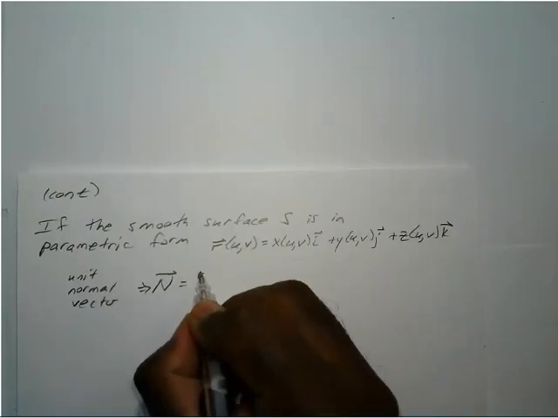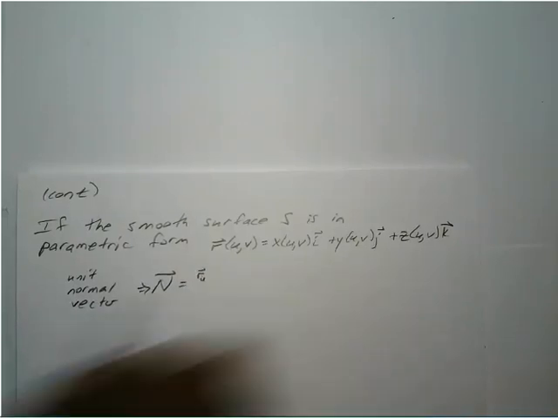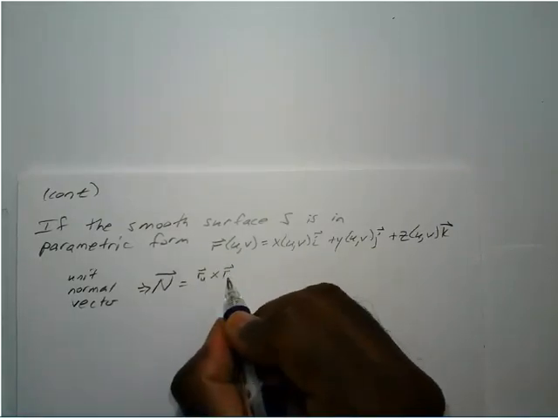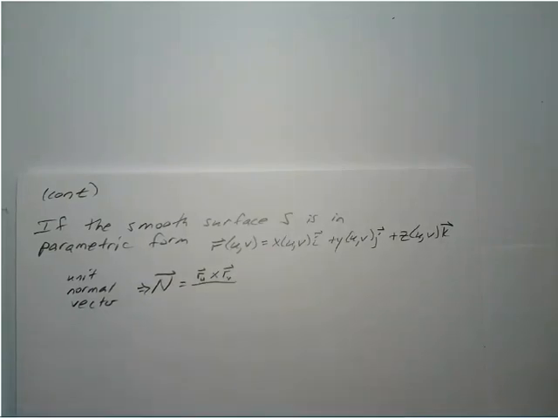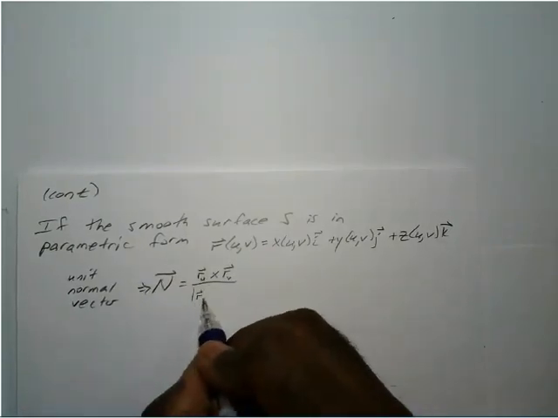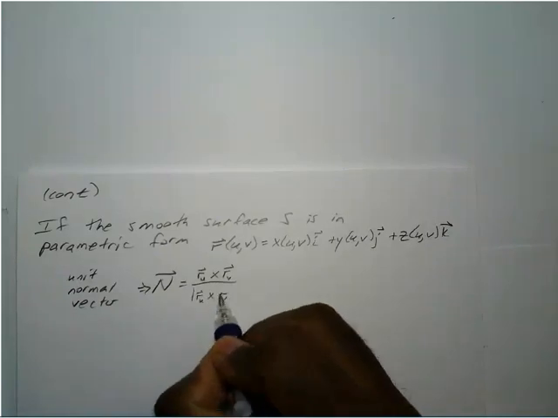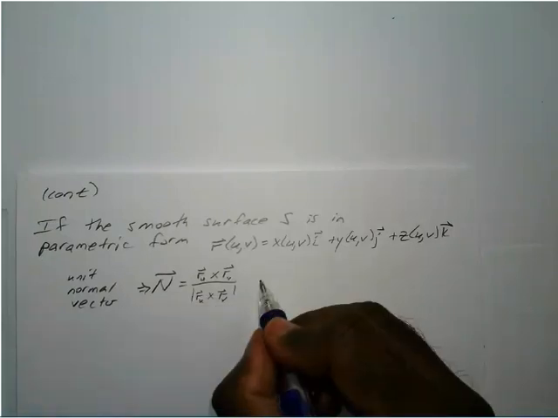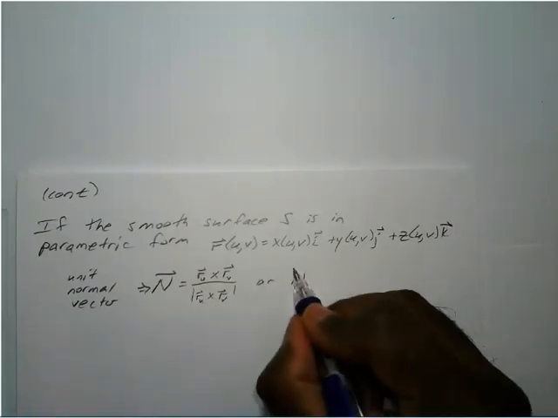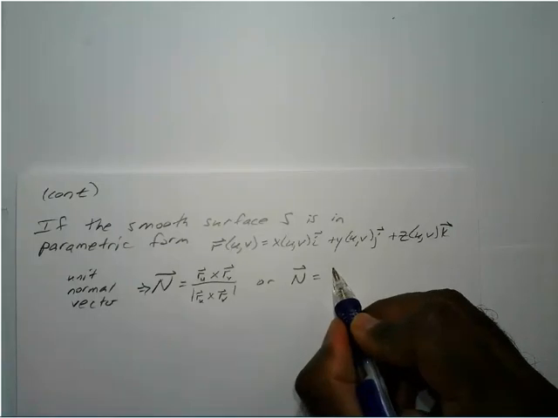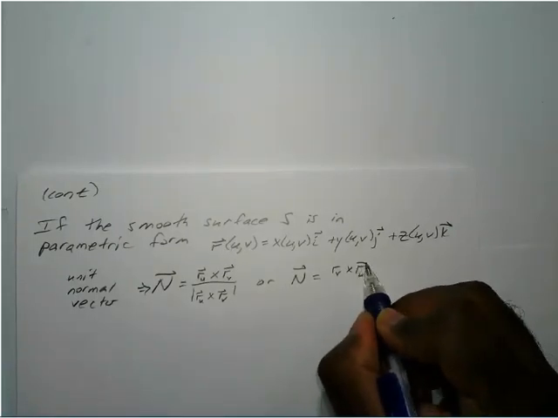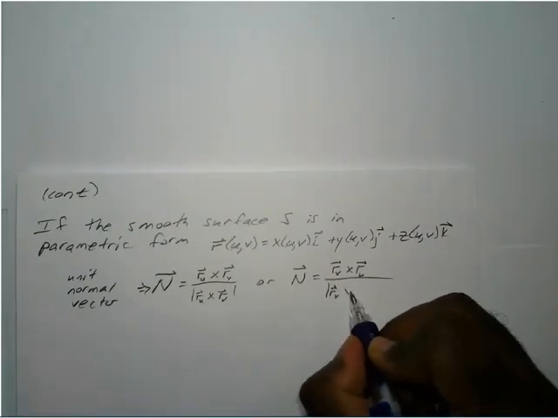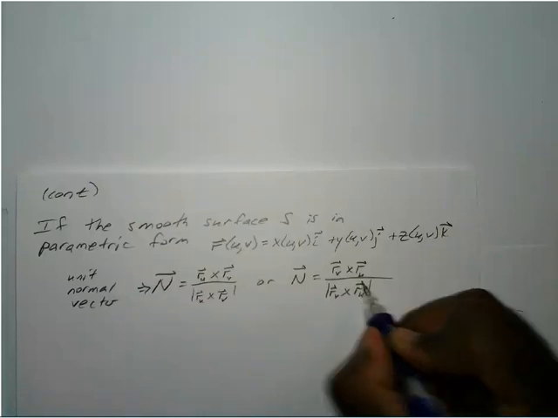That's going to equal the partial of our vector function with respect to u, cross product the partial of our vector function with respect to v, over the magnitude of that cross product. Or you could switch it up.